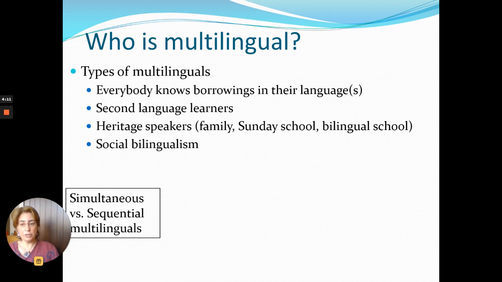Now, there is the situation of social bilingualism. We apply that label to situations in which the whole of the community speaks two languages, sometimes more, of course. Sometimes all of those languages are recognized officially. That is the case, say, in Catalonia, where you have Catalan and Spanish being spoken by everybody, and that's supported at the state level, at the political level.